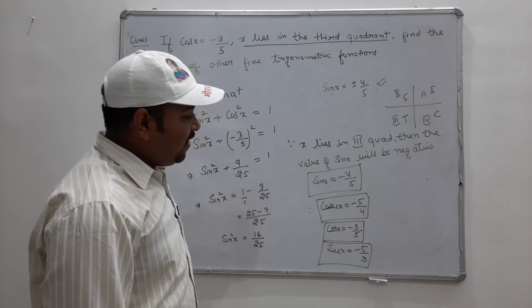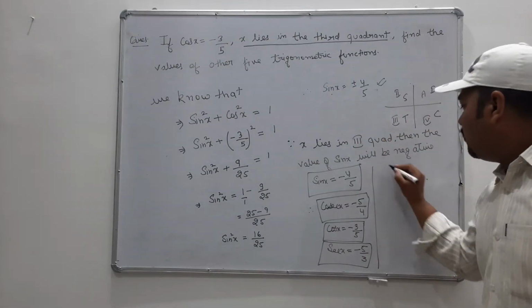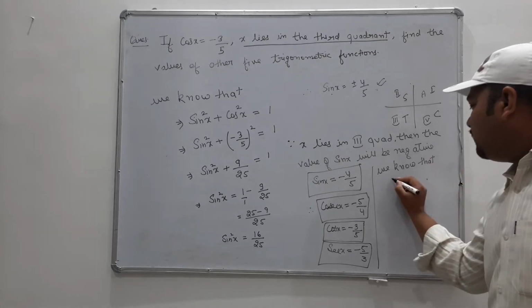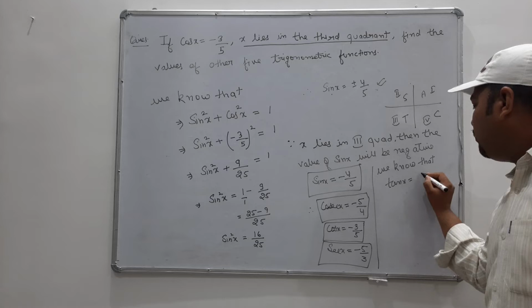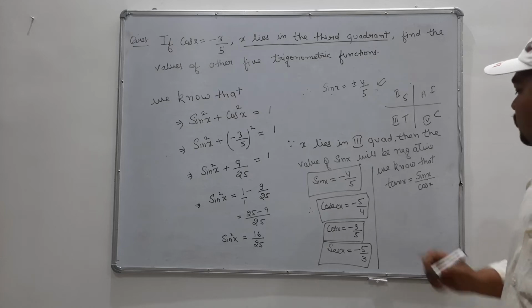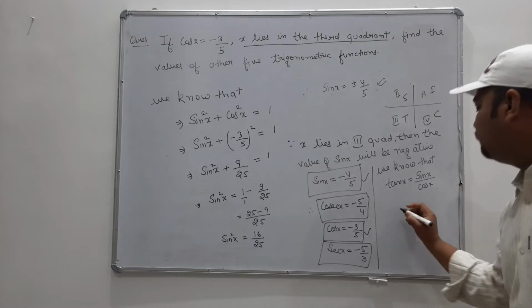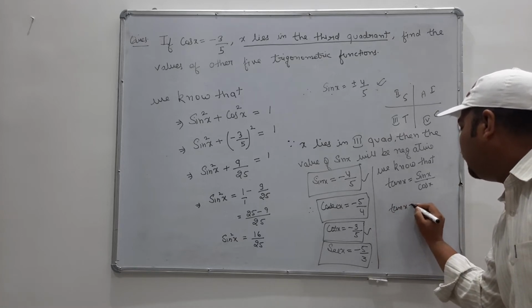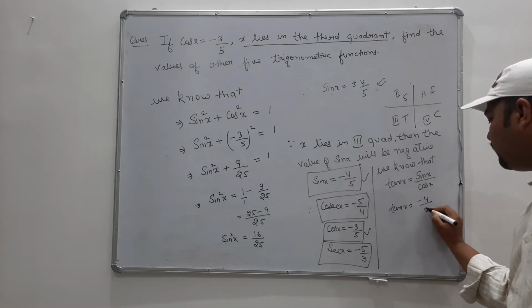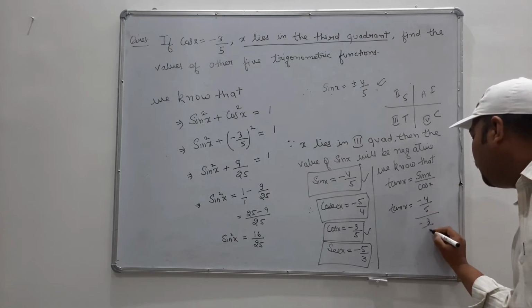Now we have to find the value of the remaining two trigonometrical ratios. We know that tan x is equal to sin x upon cos x. By putting the values of sin x and cos x, this one and this one, tan x is equal to, the value of sin x is minus 4 upon 5 and the value of cos x is minus 3 upon 5.